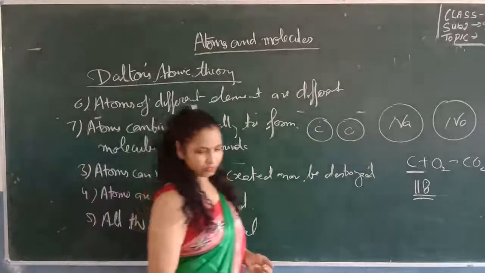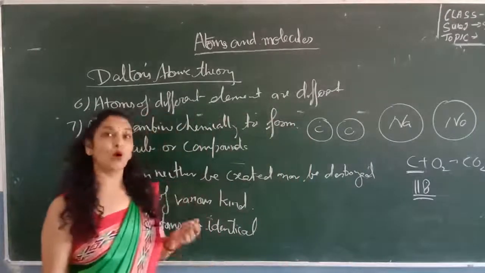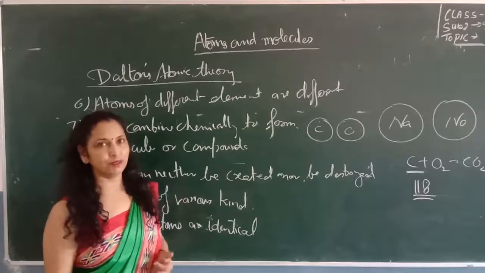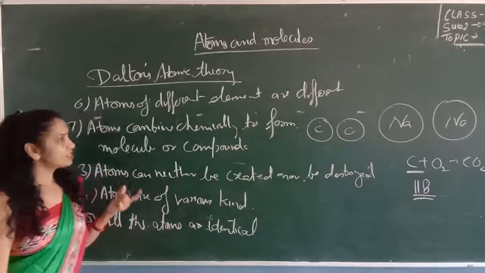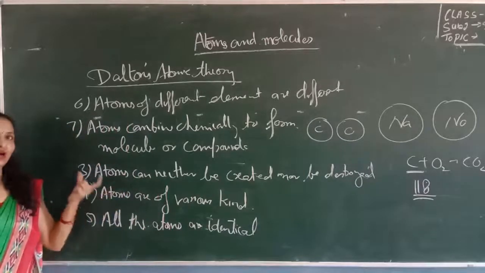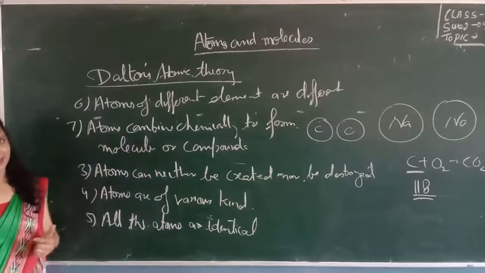In this chapter, we will study the structures of molecules and also the bonding between the atoms. When we study the bonding of atoms, we will understand the meaning of this sentence.